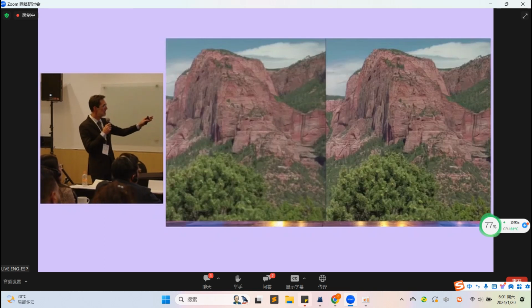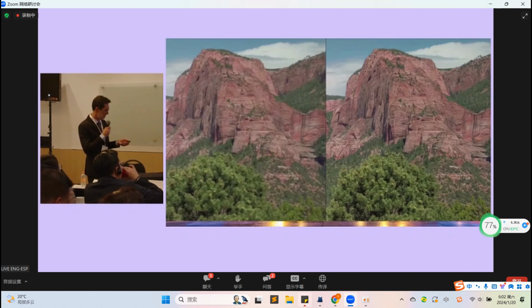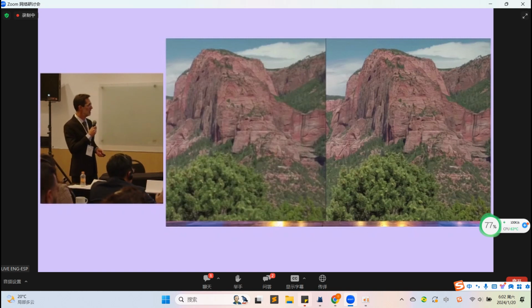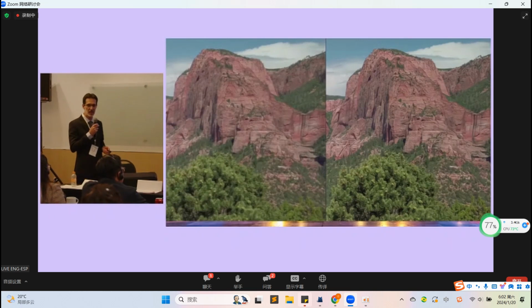On the right side, it's possible to see details of the tree, the edge of the mountain, the sensation of depth behind the mountain. Okay, and I think it's another difficult technology that we can use.